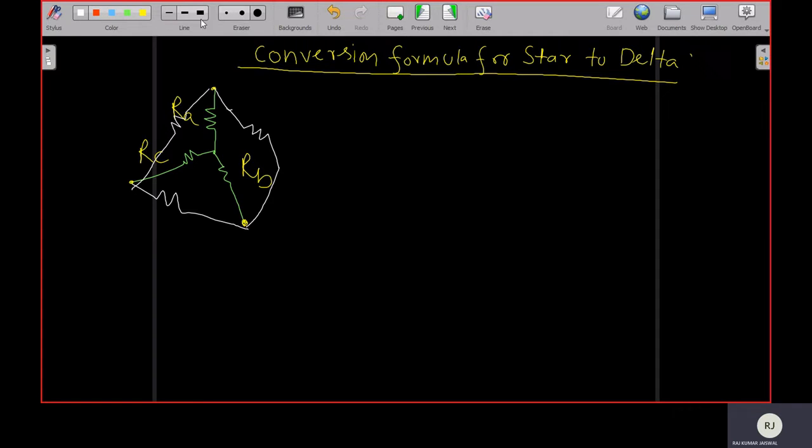Otherwise you could draw this one more neatly. I just need to erase it and then redraw it so that it looks nice.